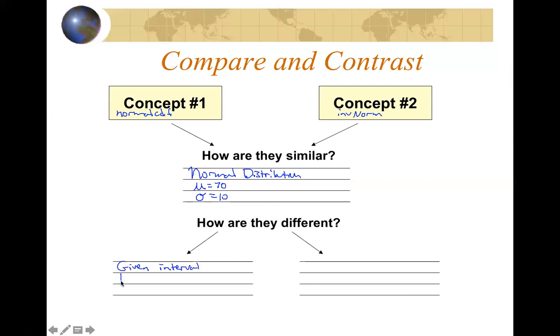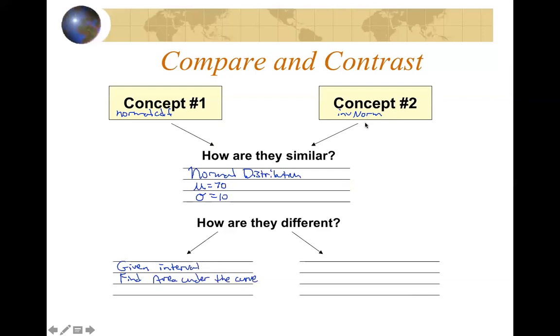And you're asked to find the area under the curve. Well, that's exactly what normal CDF does. You give it the interval, and it'll give you the area under the curve that's within that interval.